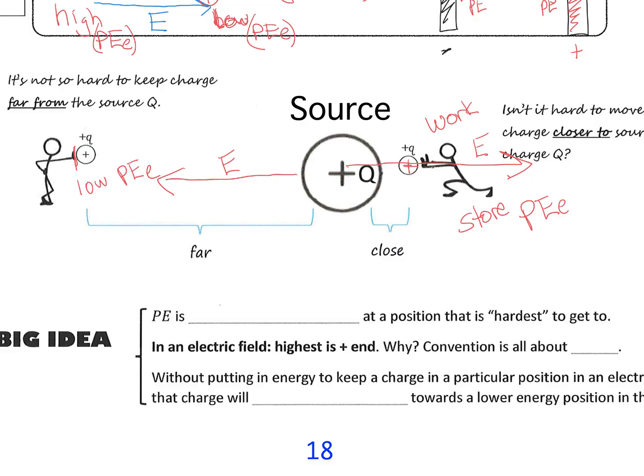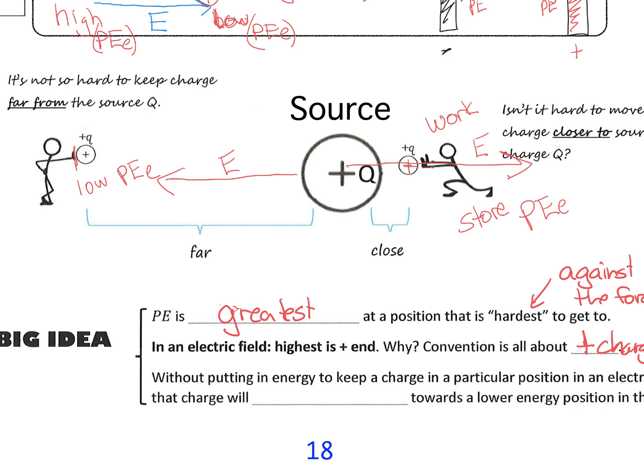So the potential energy is, I'm going to do a little bold here, always greatest at the place where it is hardest to get to, where it would be against the force created by the field. An electric field is highest at the positive end. Why? Because the convention is all about positive charges. Now, some of you might realize that's not what electricity is actually made of.